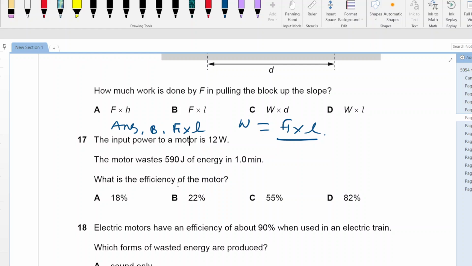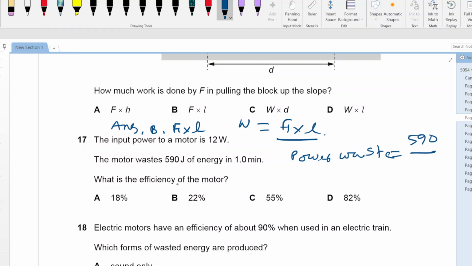Therefore, power wasted equals 590 by 60 seconds, since 1 minute is 60 seconds.